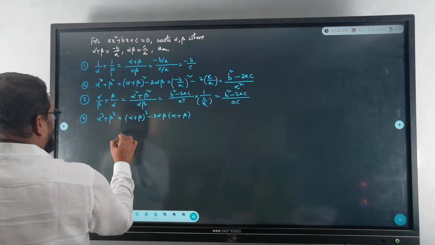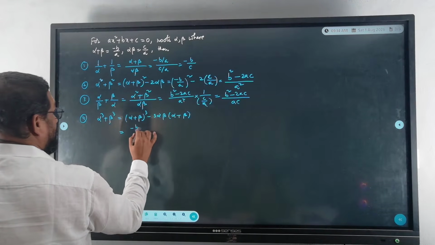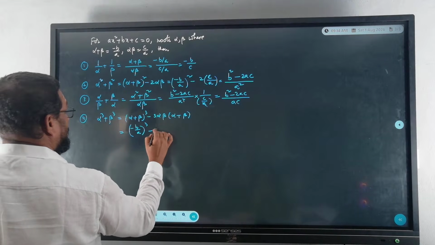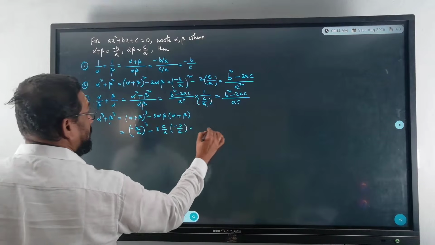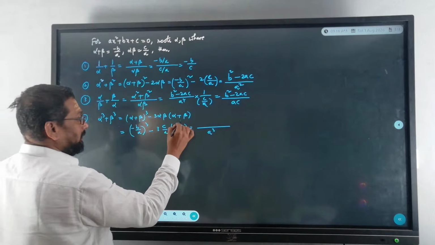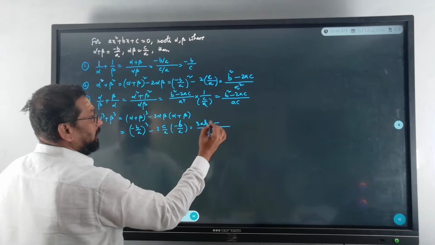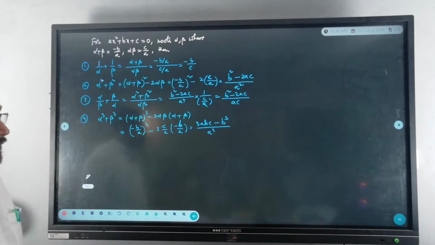So alpha plus beta is minus b by a to the power 3, minus 3c by a times minus b by a. Here the LCM is a cube: 3abc minus b cube by a cube. That is alpha cube plus beta cube.